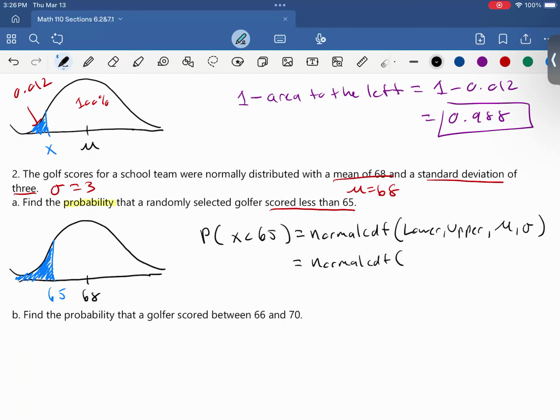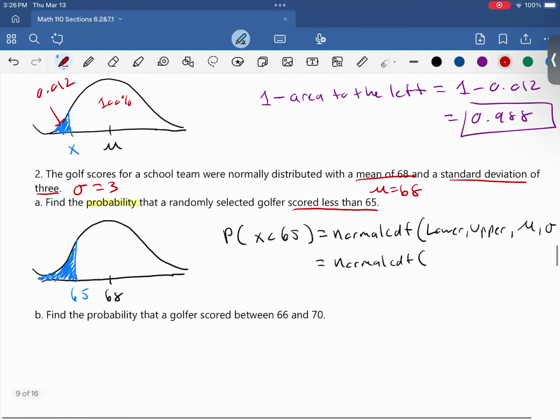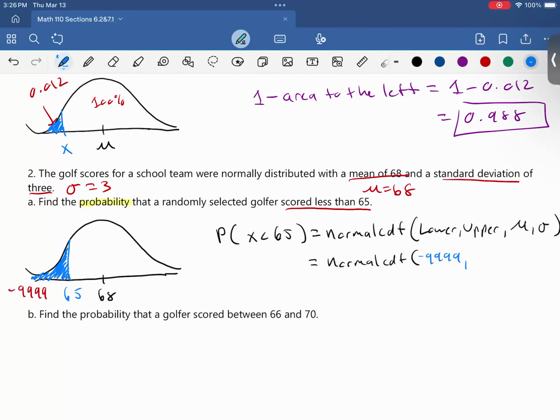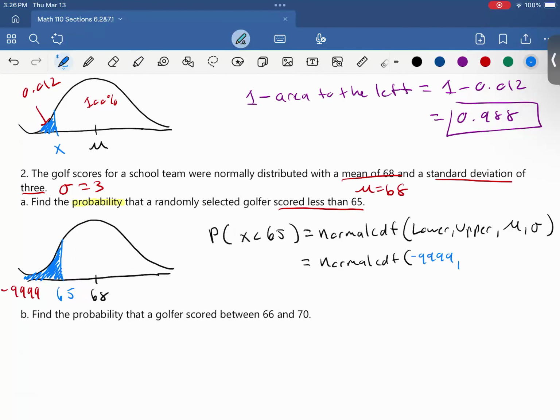So let's write out what each of these components will be. For my lower bound, I'm looking at to the left of 65. To the left of 65 goes on forever, but what we would use here is negative 9999. So in our calculator, our lower limit is negative 9999. Our upper, in the shaded region, the highest we are going to is 65.